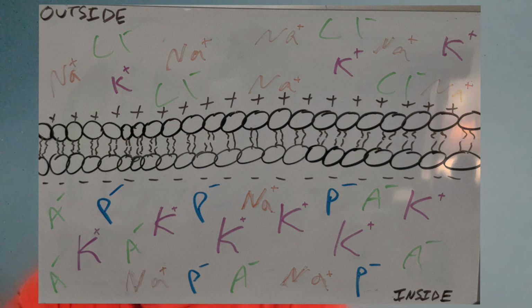Those negatively charged proteins and ions take up so much of that intracellular space that it is going to create a negative charge on the inside of the cell. The positive ions help to balance that out.